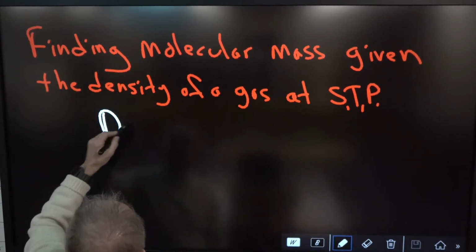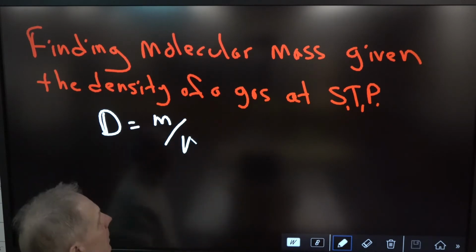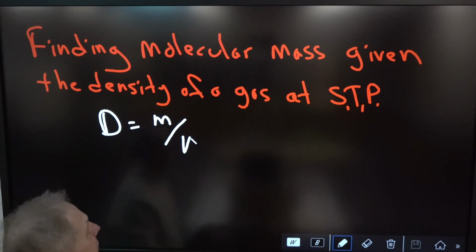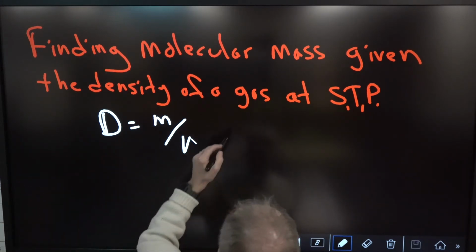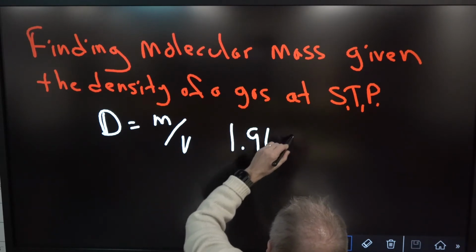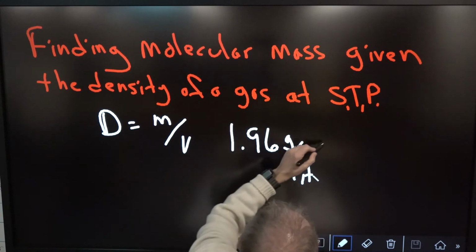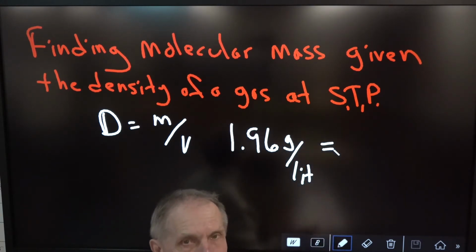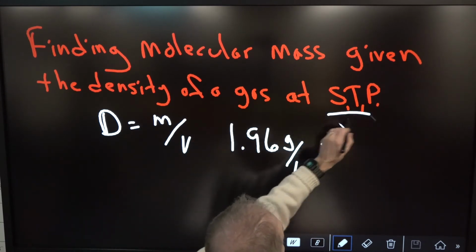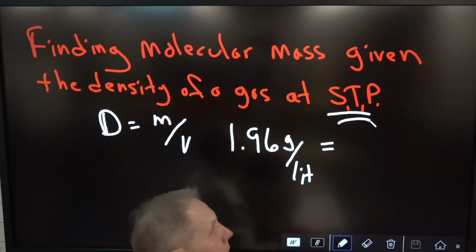So D equals M over V. So if I said the density of a gas is 1.96 grams per liter, all right? At STP, find the mass. Well, if it's at STP, we know that the volume on the bottom is 22.4.